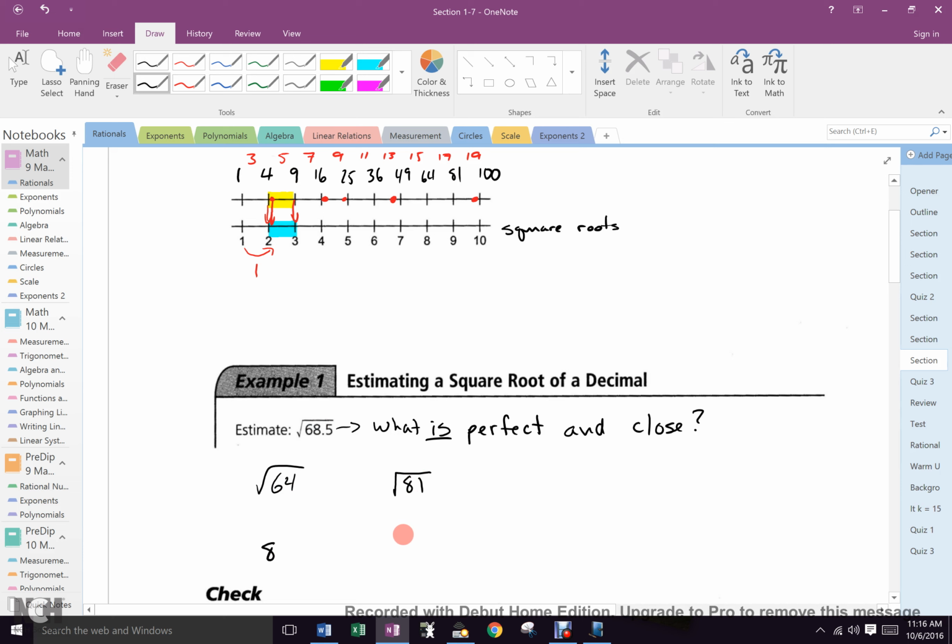What's the square root of 81? 9. So that must mean, since 68.5 is in the middle here, its square root is in the middle here, right? How far is it from 64 to 81?